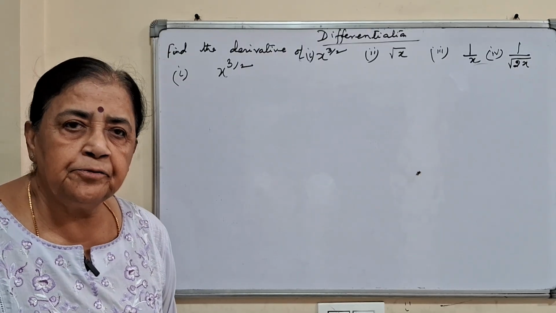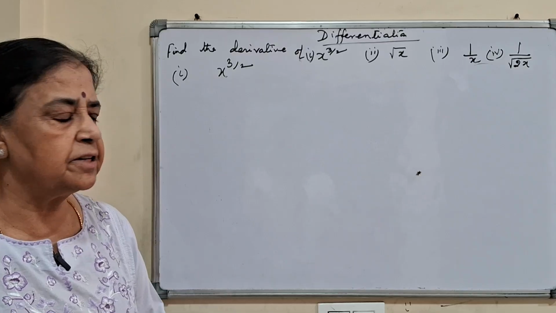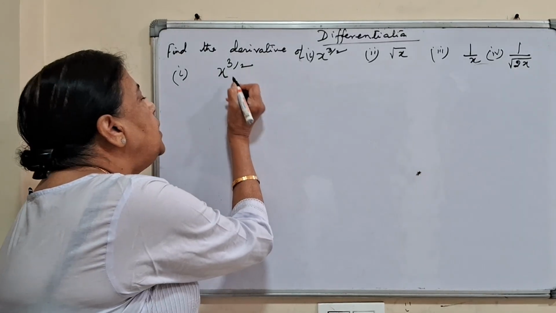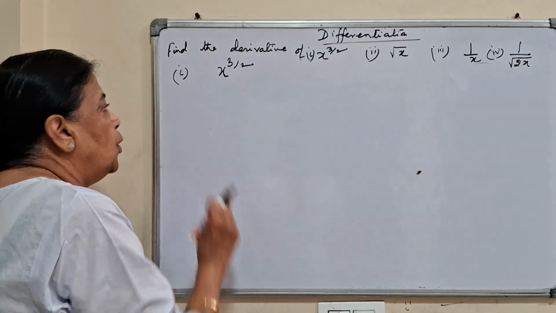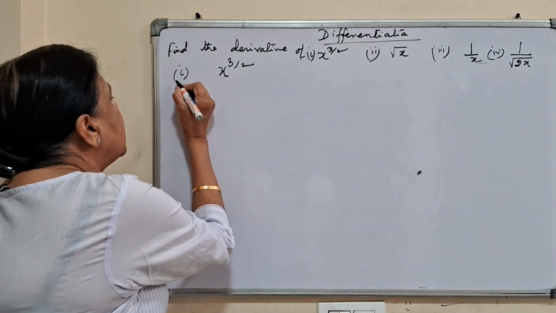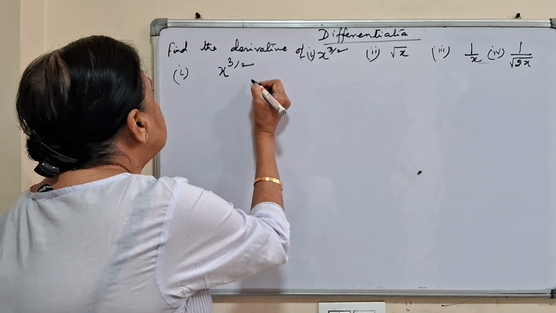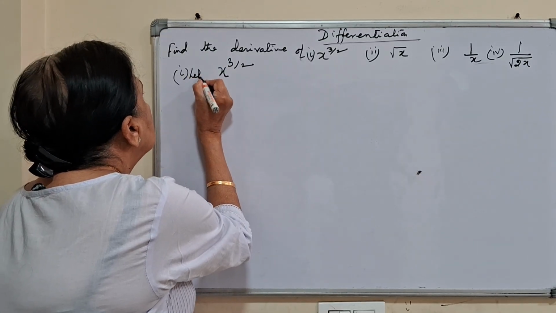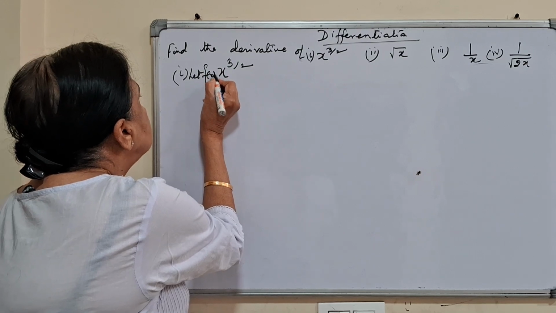Now we are doing the sums: find the derivative of x raised to the power 3 by 2, and so on. I have given all four sums. The first is x raised to the power 3 by 2. Let f(x) is equal to x^(3/2).